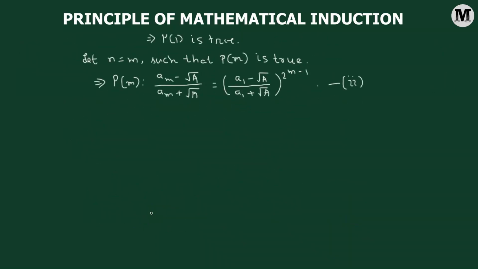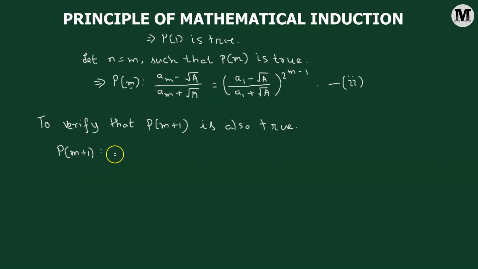Using the statement P of m, our goal will be to verify that the statement P of m plus 1 is also a true statement. m plus 1 corresponds to the natural number consecutive to m. So what is P of m plus 1? First, let's write it down. We can take the help of statement number 2 to write P of m plus 1.